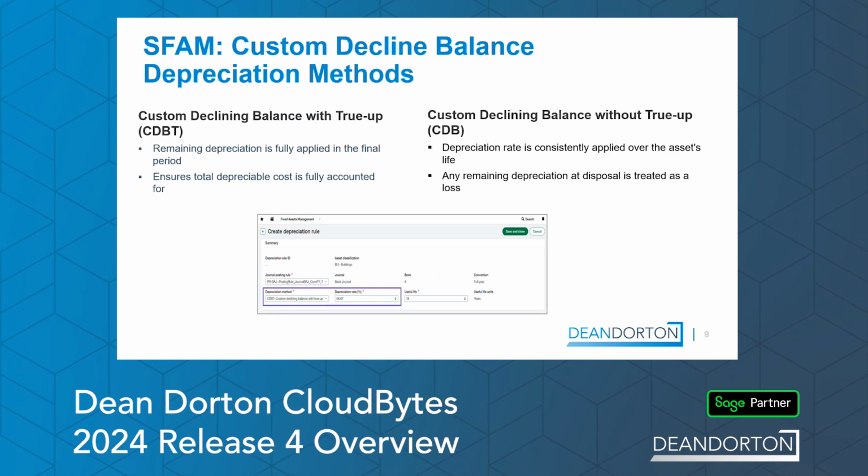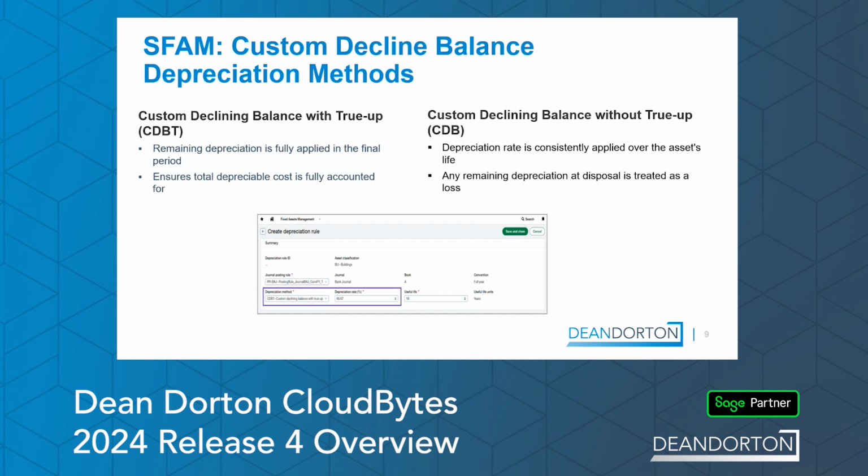Now, potentially a little bit more exciting is this custom declining balance depreciation methods, right? So you're able to set in some true ups into how your declining balance methodologies will work in the system. Gives you more control over how you work with your depreciation and how it's actually calculated in the system as well.